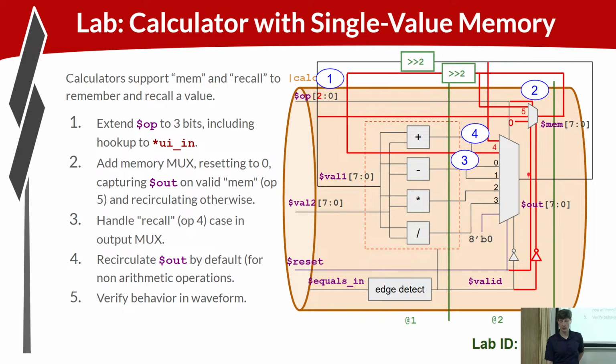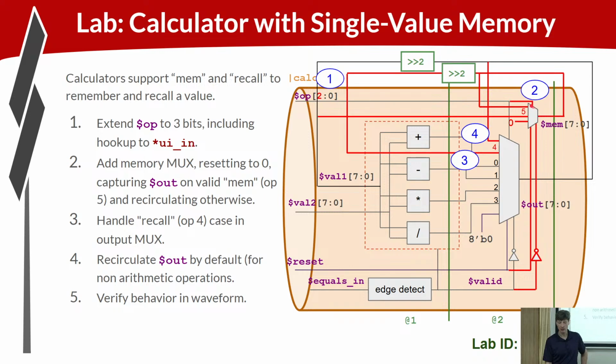So I've decided to implement it consistently where every calculation is feeding the 2 cycles later. So this path here is looping around the output to feed back into the memory for a mem operation.